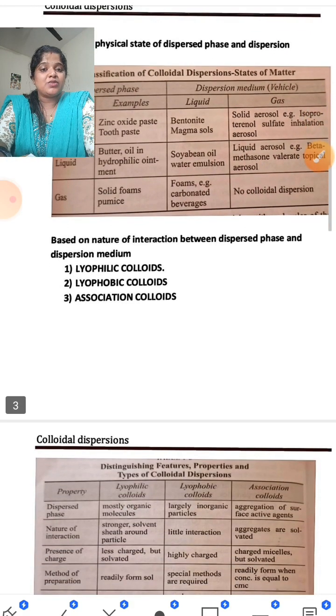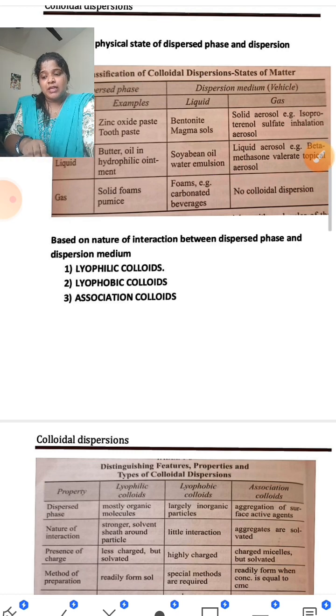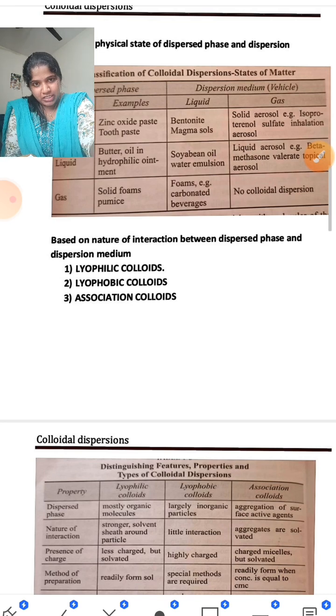The next is very important for 5 marks as well as 2 marks. This alone will be asked for the 5 mark questions. Based on the nature of interactions between the dispersed phase and dispersion medium, colloids are classified into lyophilic colloids, lyophobic colloids, and association colloids.